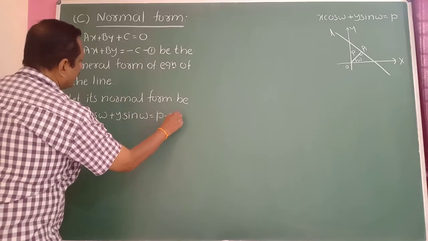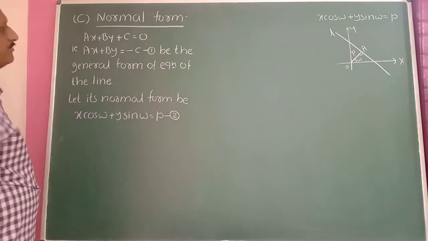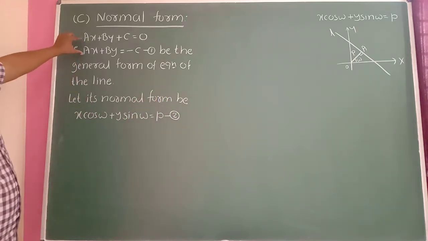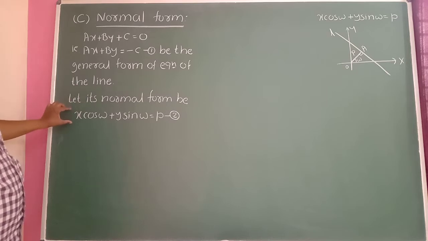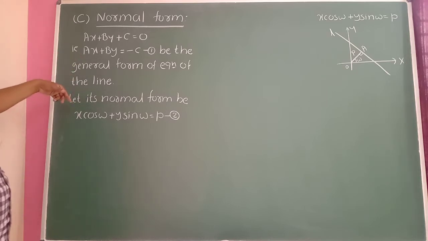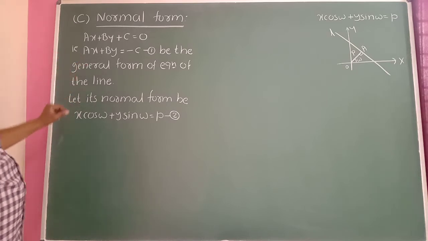Take this one as equation number 2. So this is the general form, and this is the normal form of the same line. Therefore, 1 and 2 represent the same line.